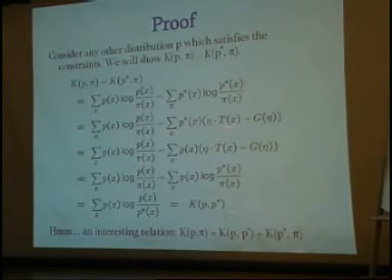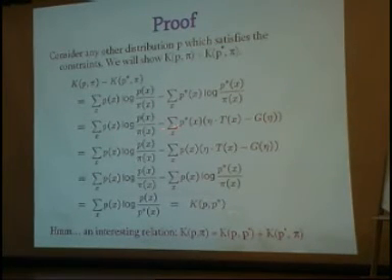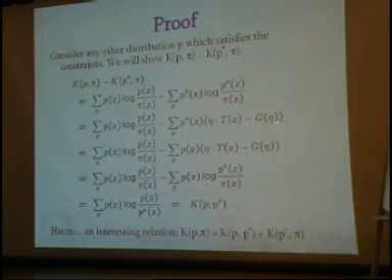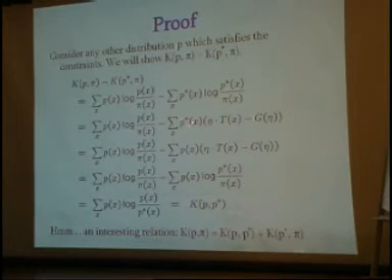Now, because we boiled it down to a linear function, we know that the expectation of this linear function under P star is the same as its expectation under P. Why? Because this part is just a constant, so we don't care about that. This part is equal to eta times the expectation of t.